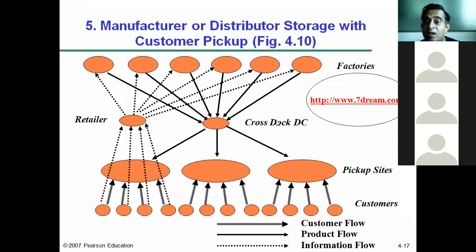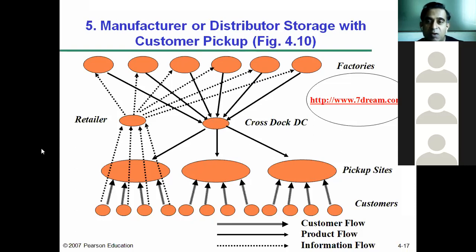So the goods do not stay in the warehouse. This practice is called cross docking. It helps reduce inventory and speed up transportation. So that's all about manufacturer or distributor storage with customer pickup, how it works.